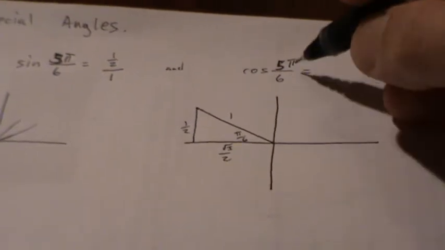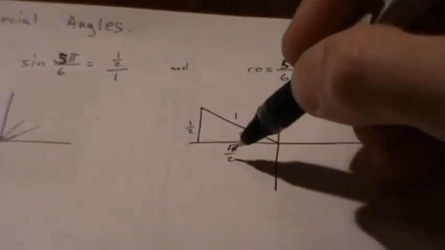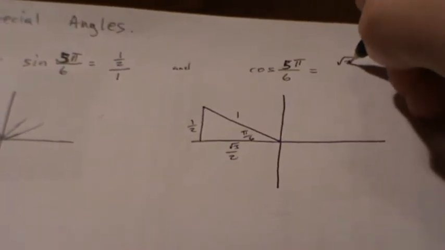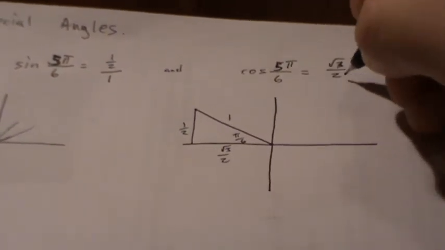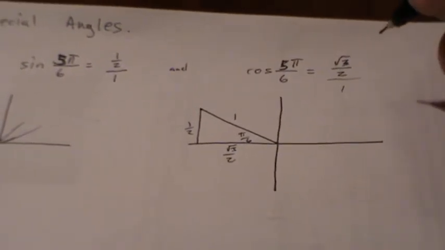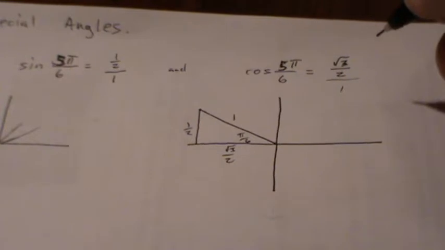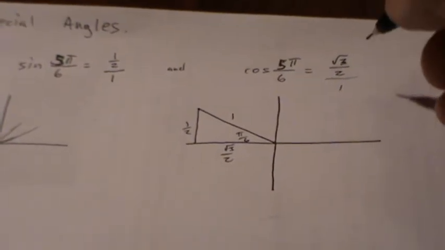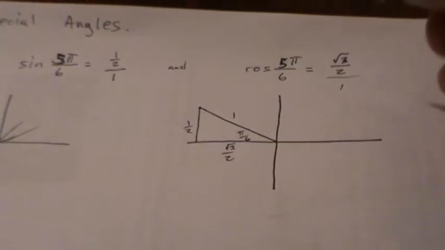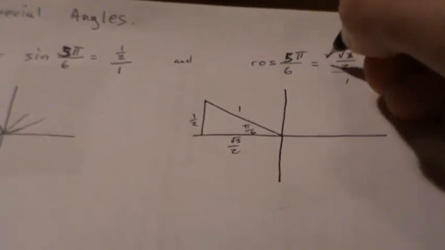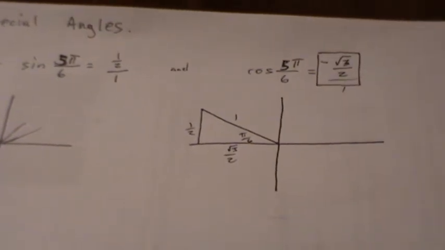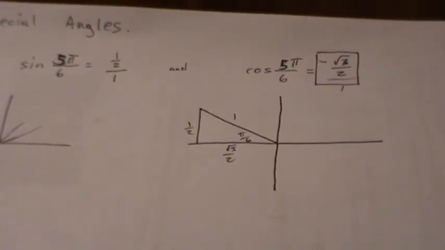And so if I want the cosine, I know that the cosine is the adjacent over the hypotenuse, or square root of 3 over 2 divided by 1. Okay? And now the thing about this is this one is actually going to be negative. The end result will be negative.